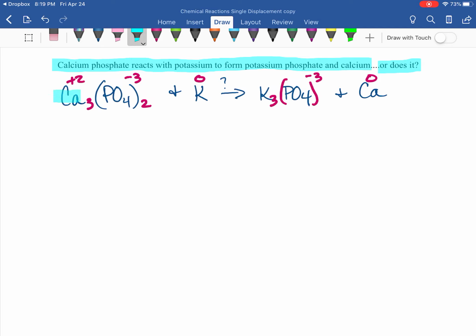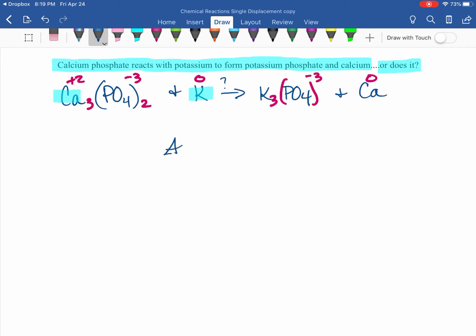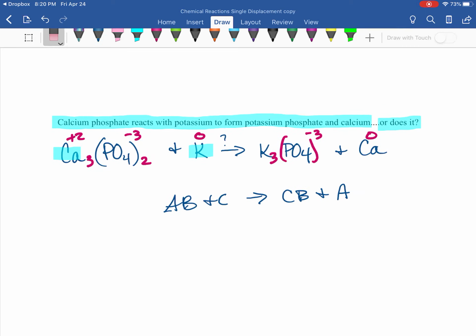All right, let's identify what is switching places and what is changing in our redox. And then, of course, for fun, couldn't we try to balance this reaction? That might be something you want to try. Here's your calcium, the one out front, and your potassium, that kind of follows our normal single displacement.